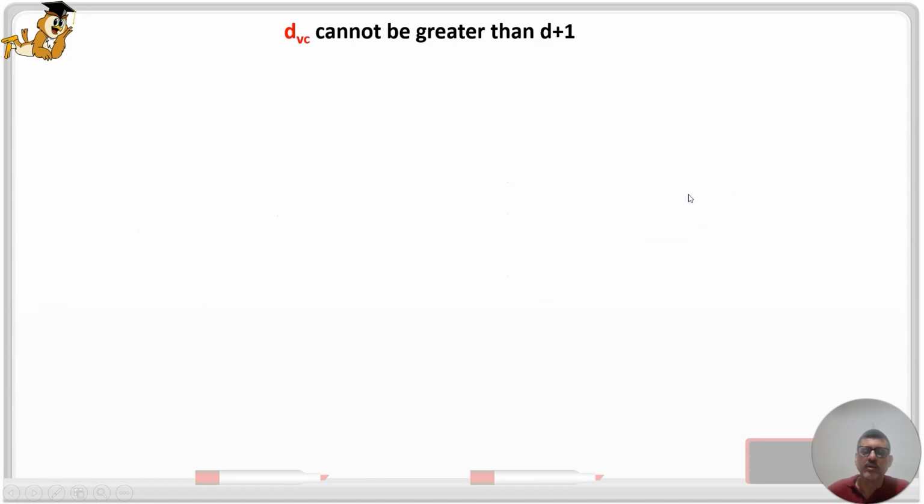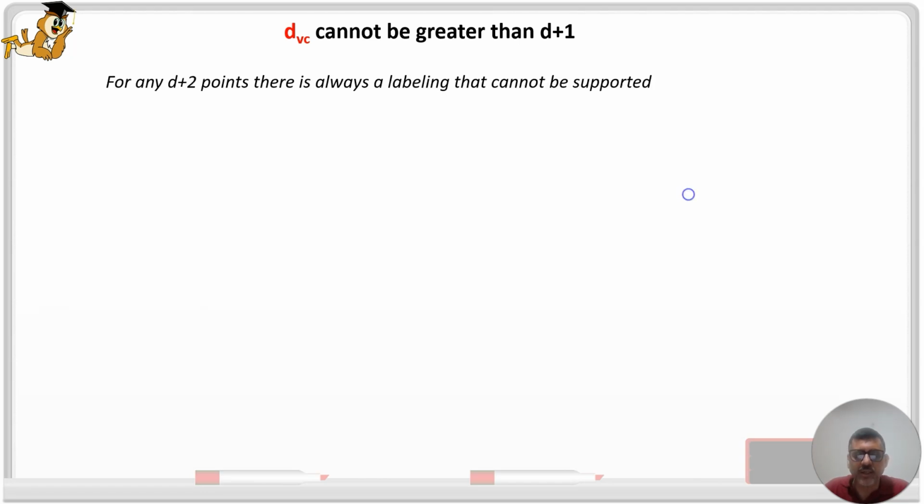Let's move on. Let's prove that dVC cannot be greater than d plus 1. Okay. So when you say dVC cannot be greater than d plus 1, what do I have to show you? I have to show you that no matter which d plus 2 points you give me, I will always be able to provide you a labeling that you cannot support.